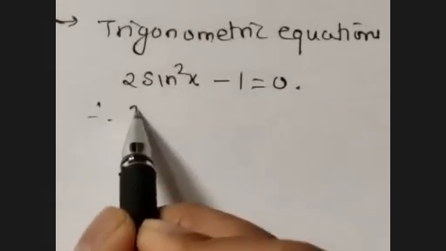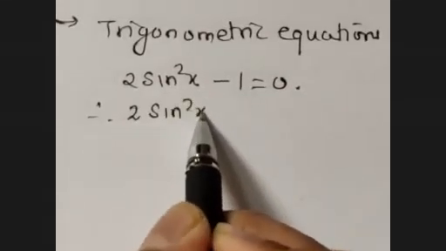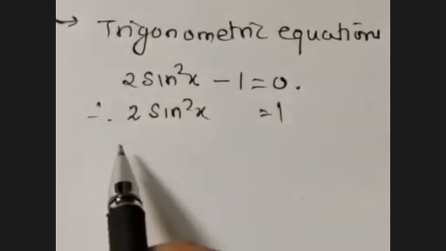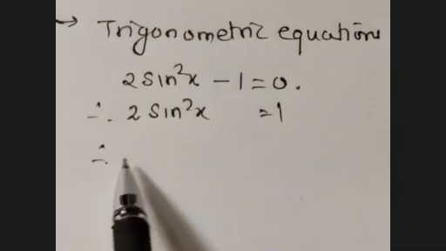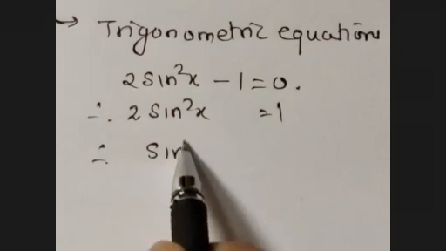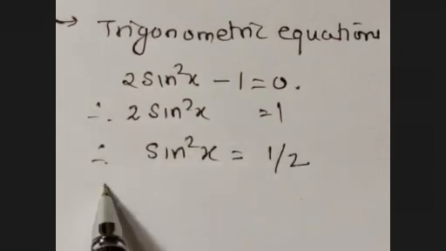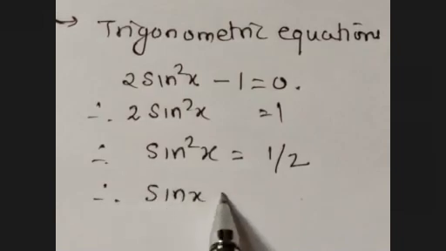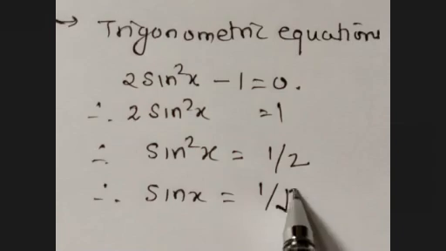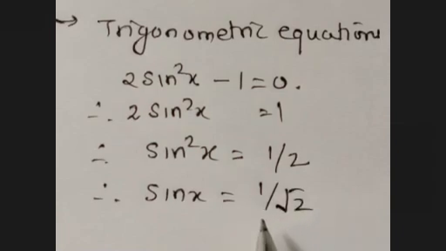Therefore 2 sine square x is equal to 1, so sine square x is equal to 1 by 2. Therefore sin x is equal to 1 by root 2.